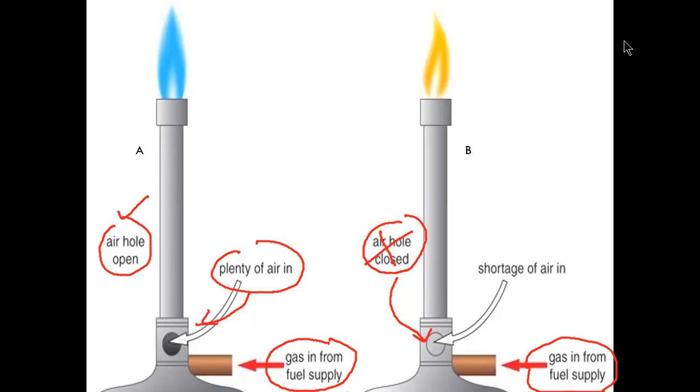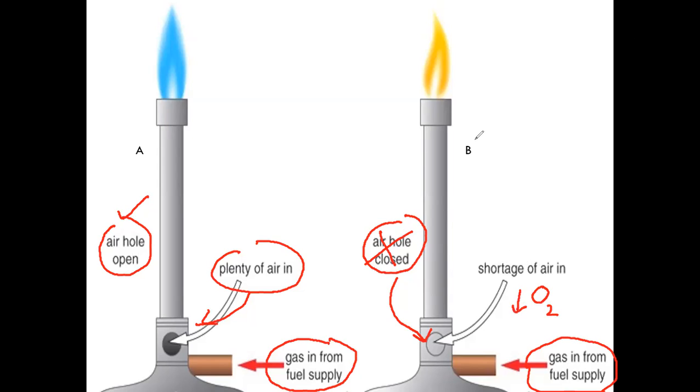Okay, what is the difference between these two burners and the flame? Now the first thing, why is this flame yellow? Because of shortage of air. Here the air is not going in enough. What is present in the air? We know that it is oxygen. So here the oxygen supply is limited.